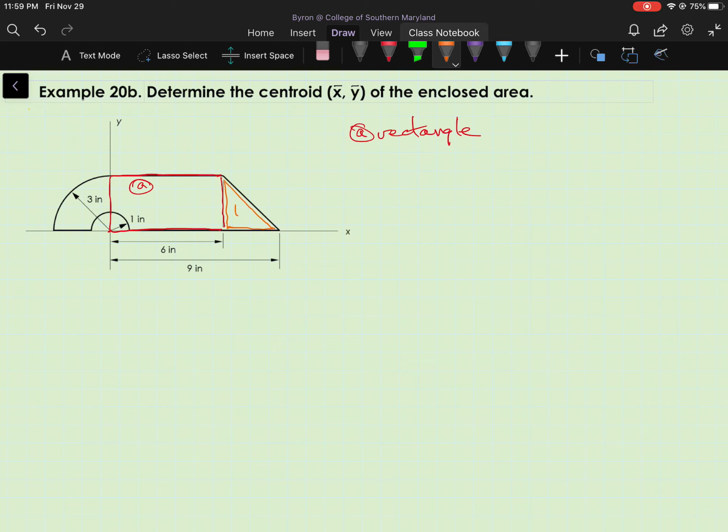And I'm going to call that B. I have a quarter circle over here to the left of the y-axis. That I'm going to call C.